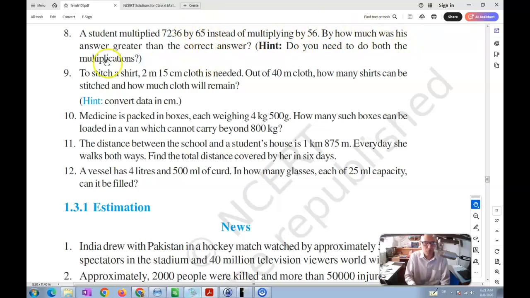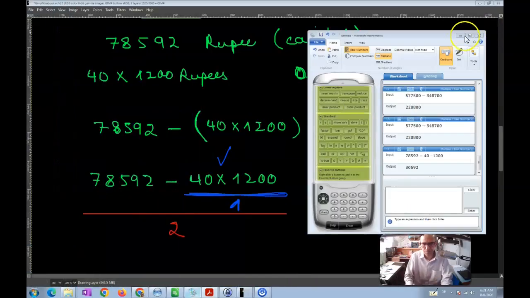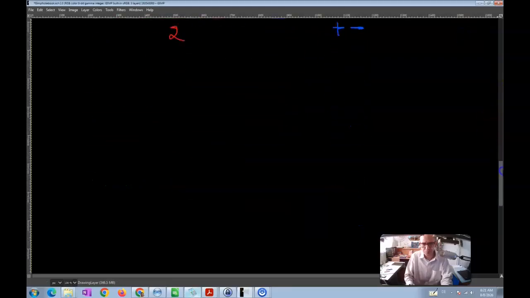By how much was his answer greater than the correct answer? And as a hint, do you need to do both the multiplications? So you see over here what he has done. We have a number which is 7,236. This is question number 8.